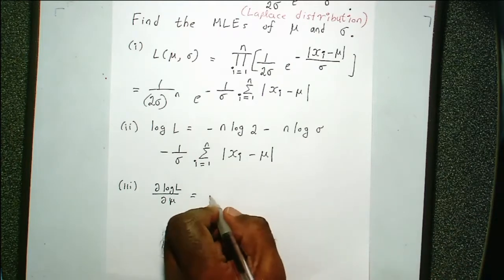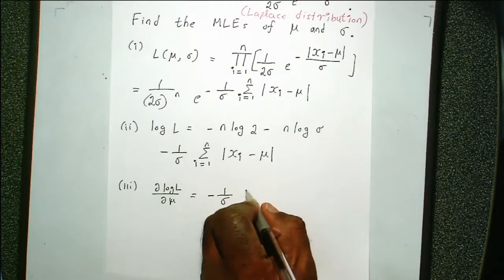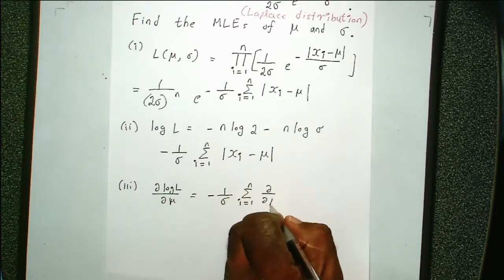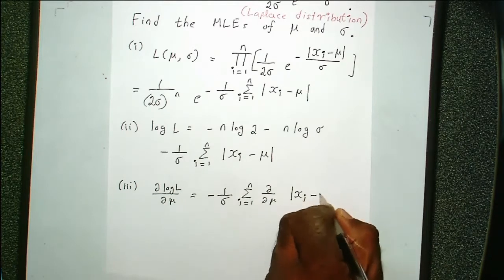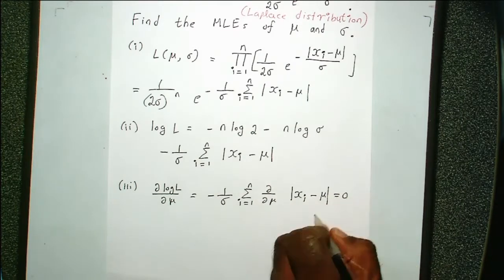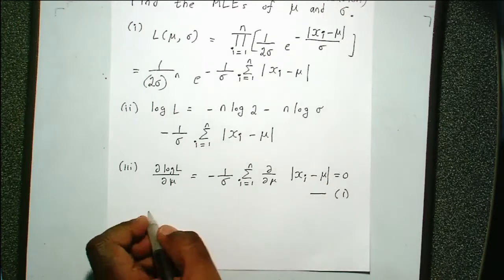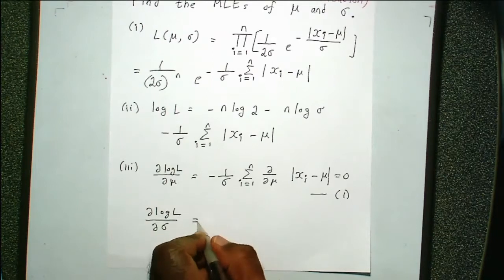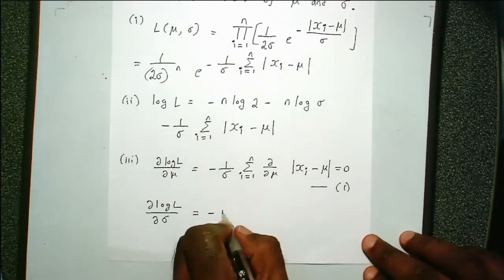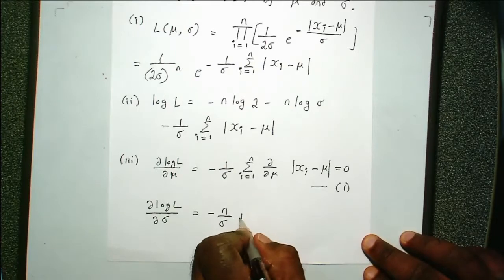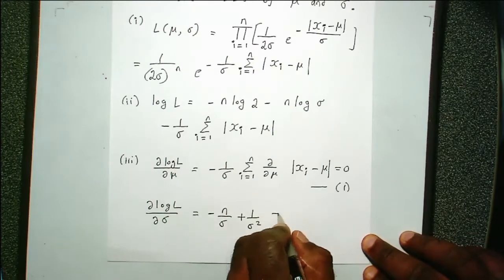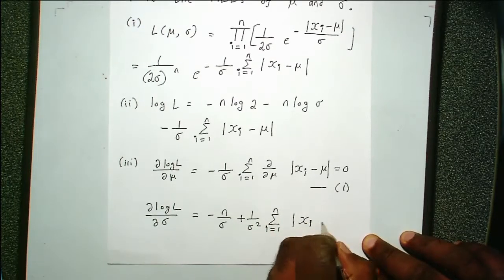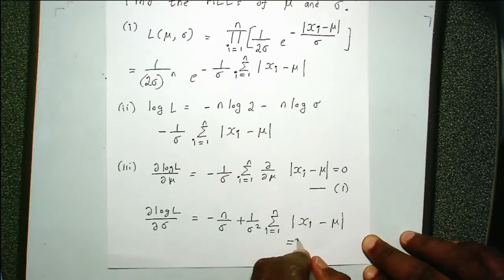So this is going to be, call this equation 1, and partial derivative with respect to sigma, it's going to be minus n over sigma, all right, call this equation 2.